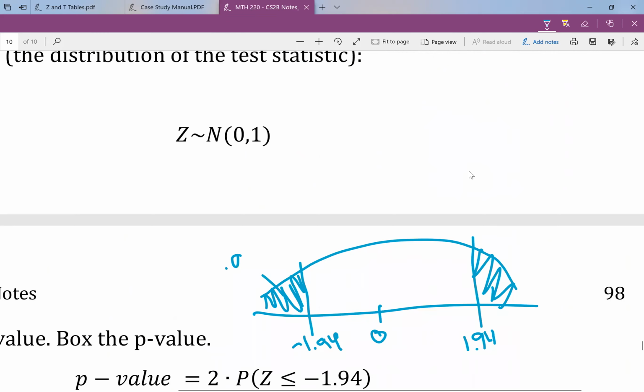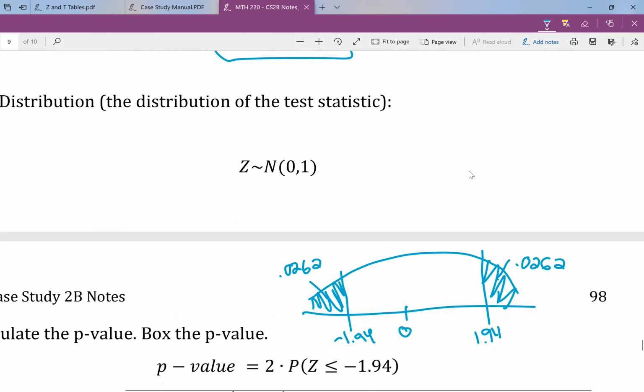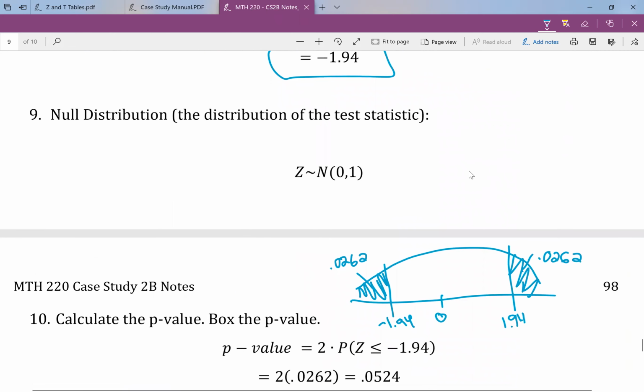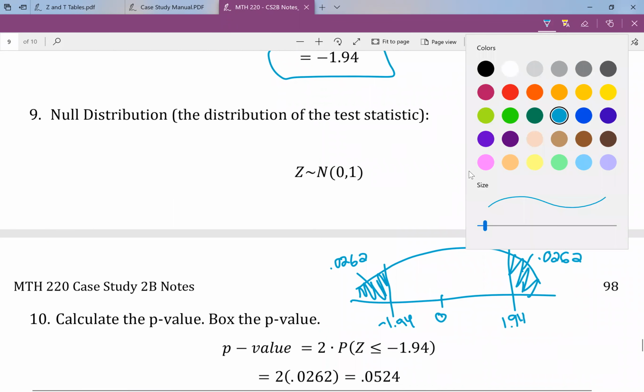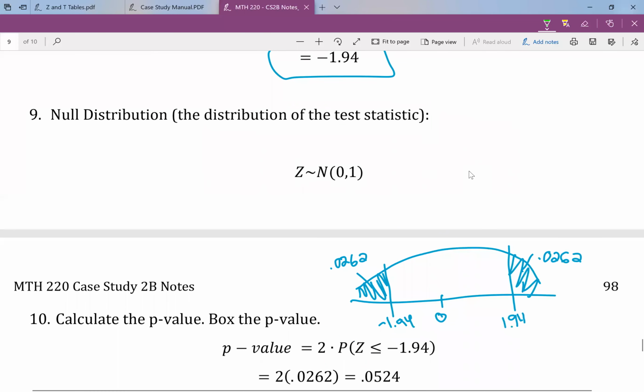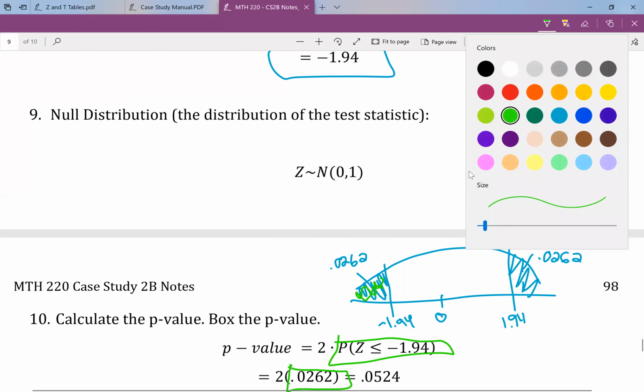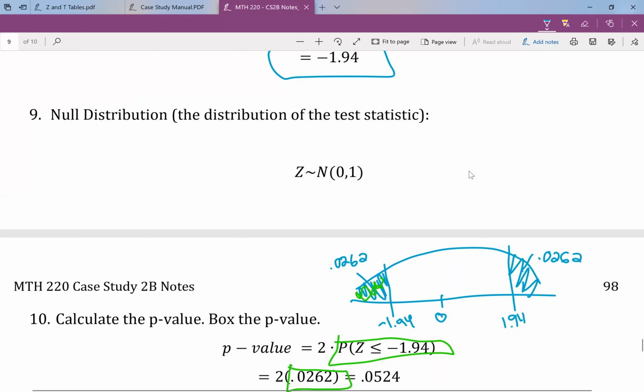This is 0.0262, and this is also 0.0262. Again, I'm using colors to help convey some understanding. The one-tailed probability is 0.0262, but then we have to double it to get our final answer. So box the p-value, which is what I have boxed in blue: 0.0524.